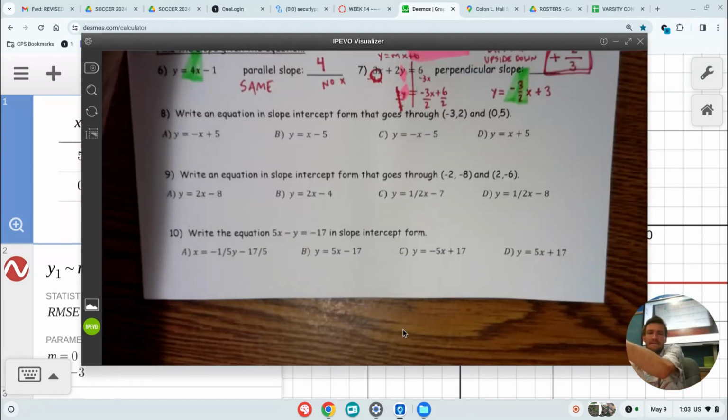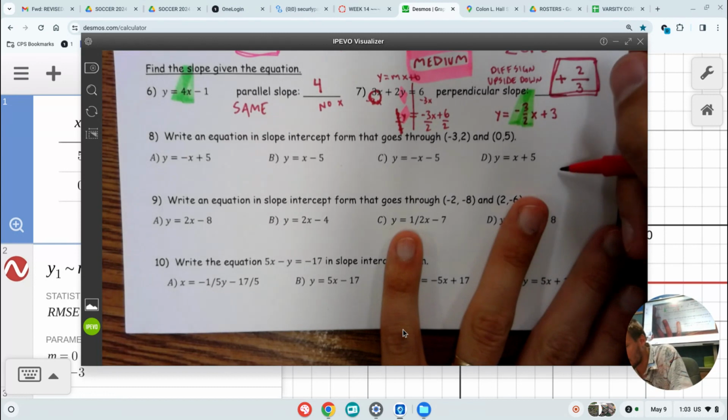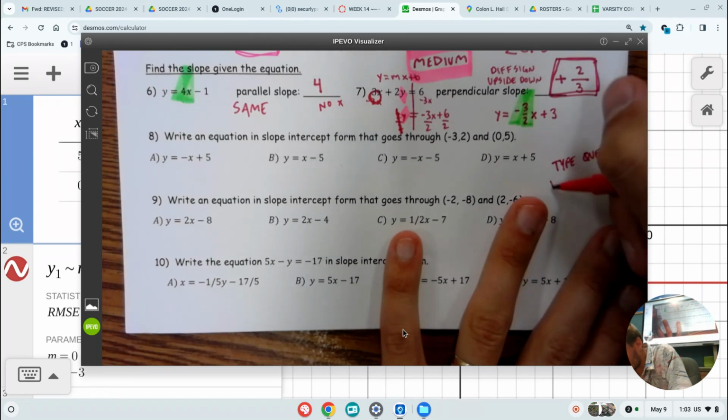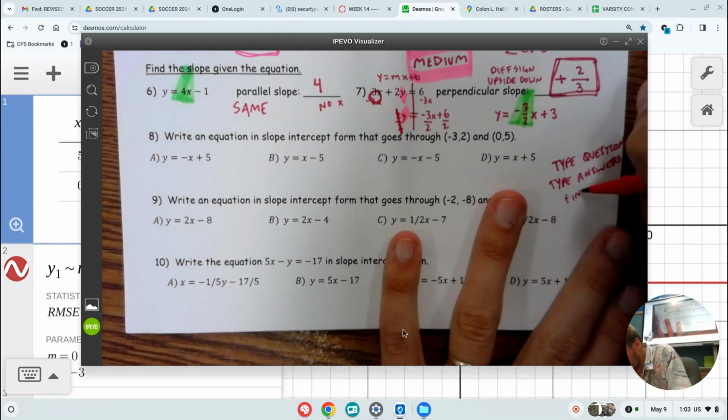Three questions left. Now, yesterday we talked about our ultimate strategy for the SOL test. The ultimate strategy is: type the question, type the answers, find a match.